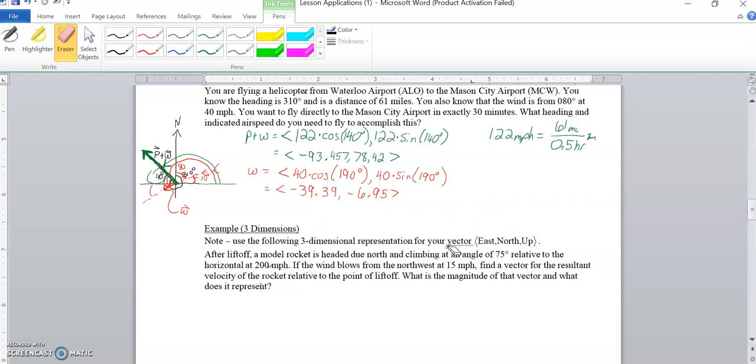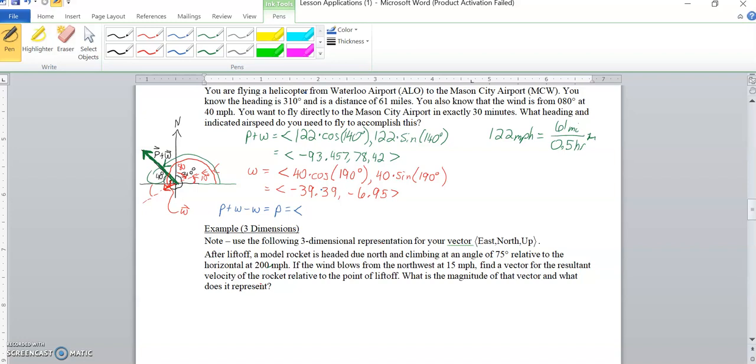So if we have P plus W and we just want to know P, we can say P plus W minus W, and then the W's go away and we're left with P. So in other words, if we take P plus W minus W, we get P. In other words, we take the resulting x of P plus W minus the x of W, and we get, let's see, negative 93 minus negative 39.